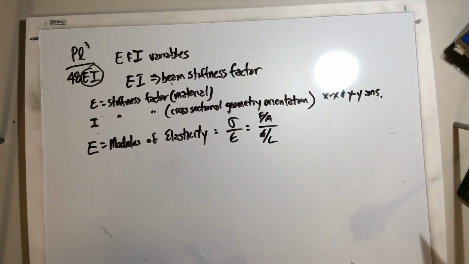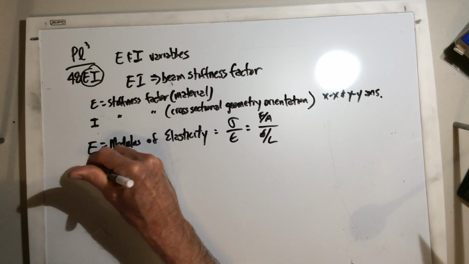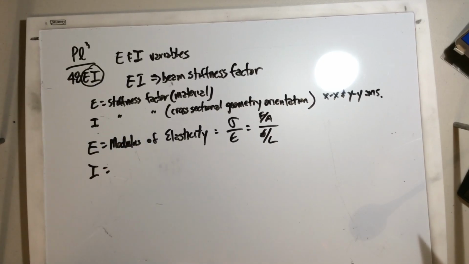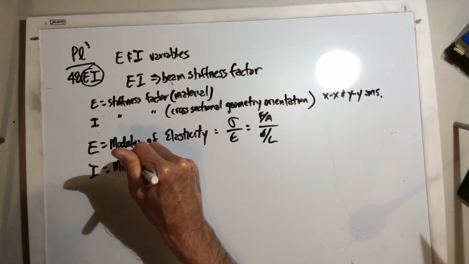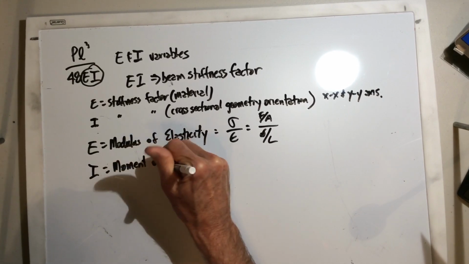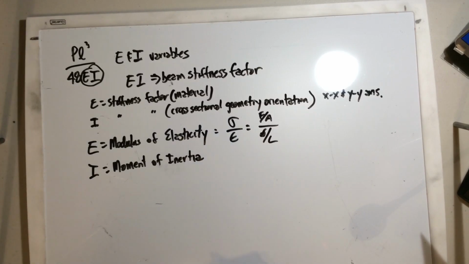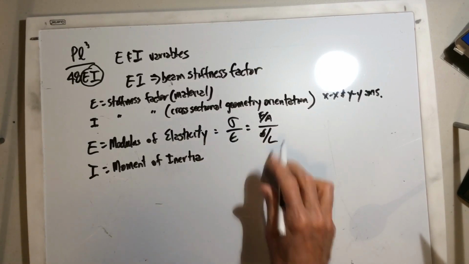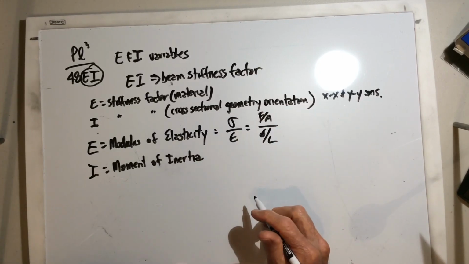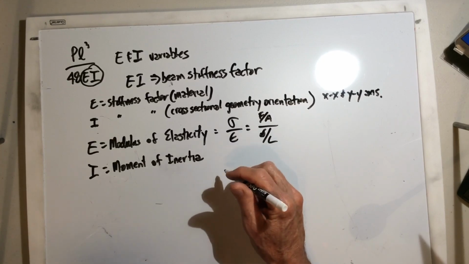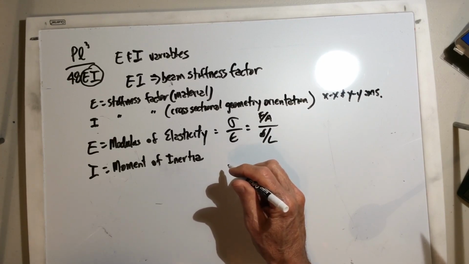Now, as far as I goes, I is the moment of inertia. Again, it is a cross-sectional geometry orientation value along either the XX or YY axis.